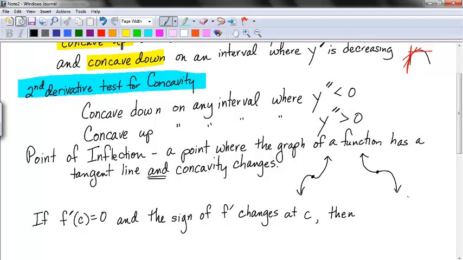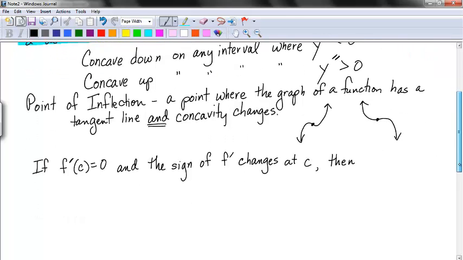Where is the first derivative equal to 0? Max or mins, okay? And if the sign changes at that point, if you have one like this, the sign would change from positive slope, there's your max, to a negative.